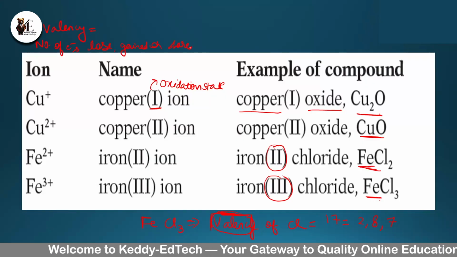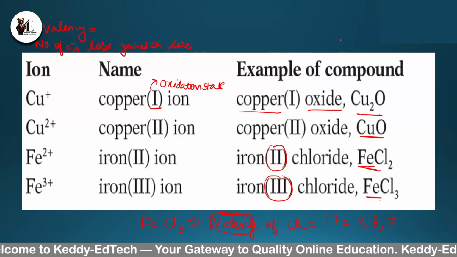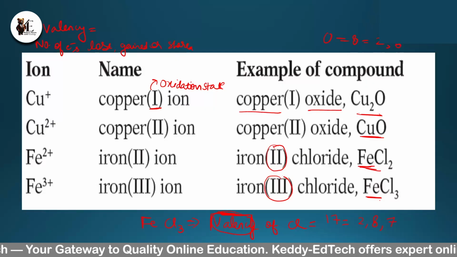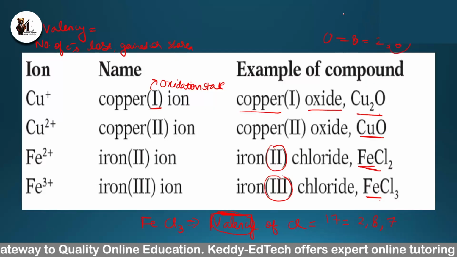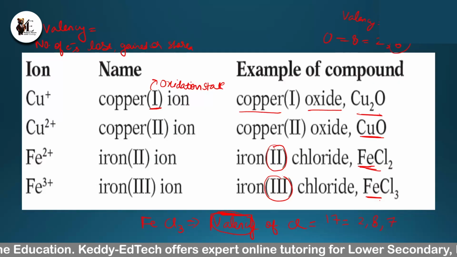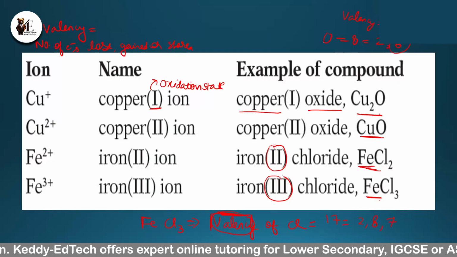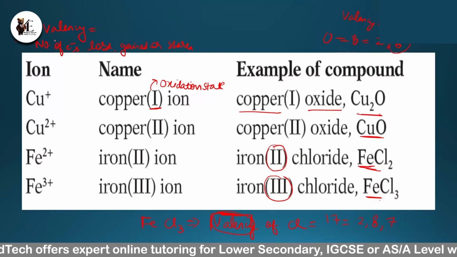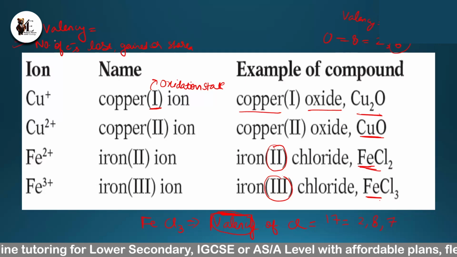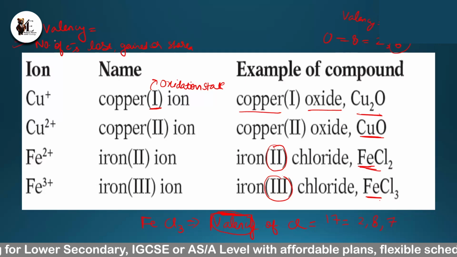Because in oxygen, the electronic configuration is 2,6, so its valency is not 6. Oxygen's valency is 2, the number of electrons it should gain to achieve stability. So the correct definition which I have told you is this only: the number of electrons gained, lost, or shared to achieve stability.